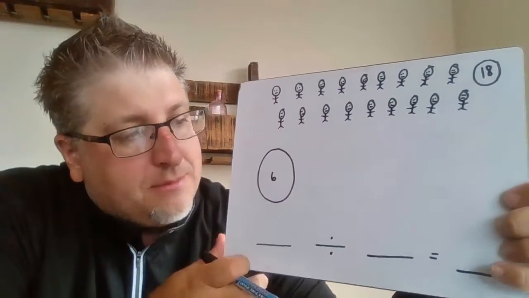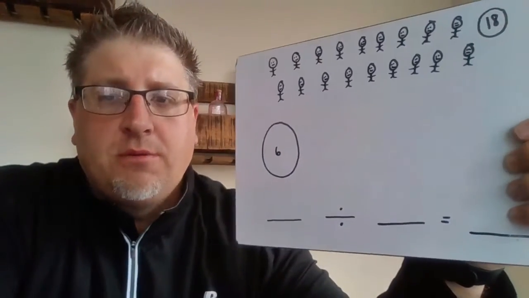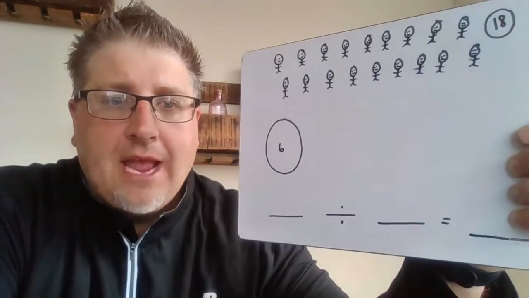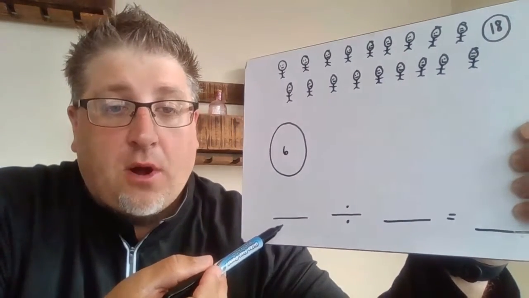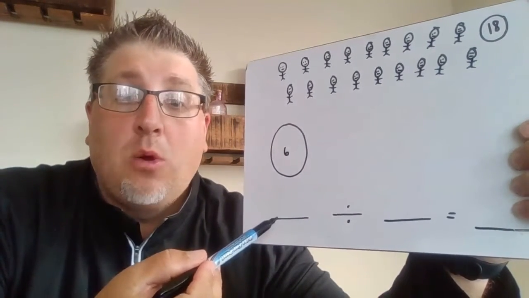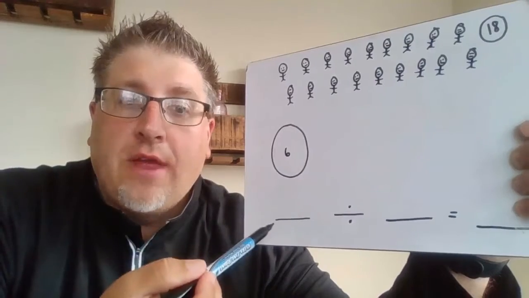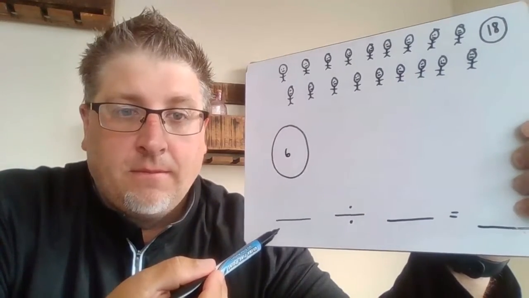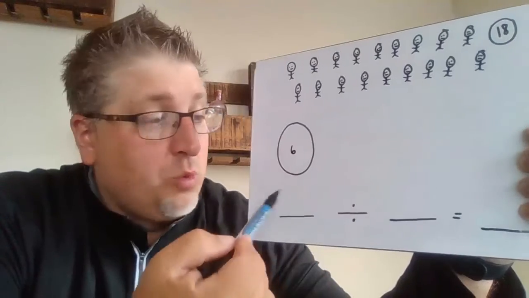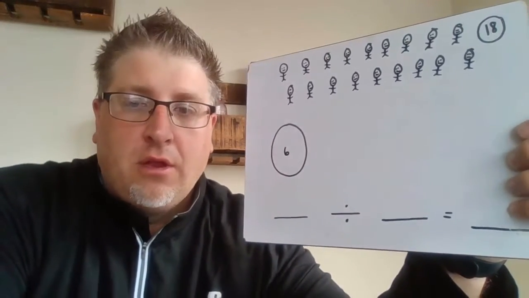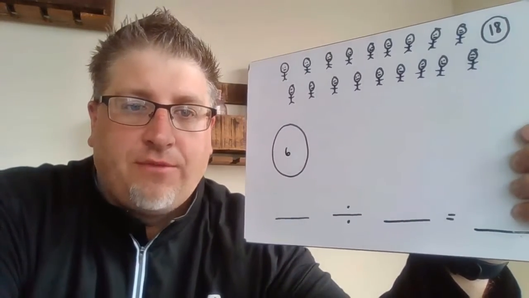We have our problem down here. We have our division problem down here, okay? We already have pieces we can fill in. Right here in our first part is we can understand that we have how many people are there. There's 18, okay? How many people can sit at a table? 6. We already have part of this division problem filled in.